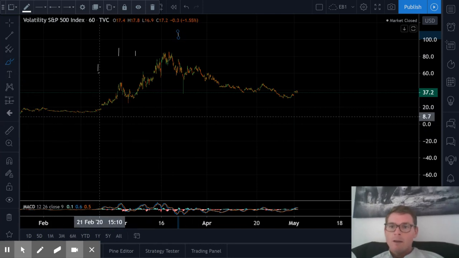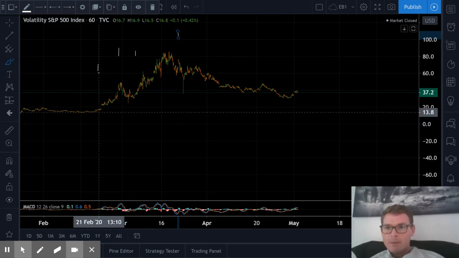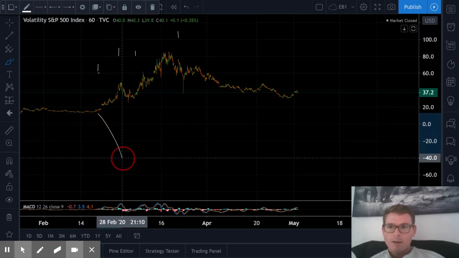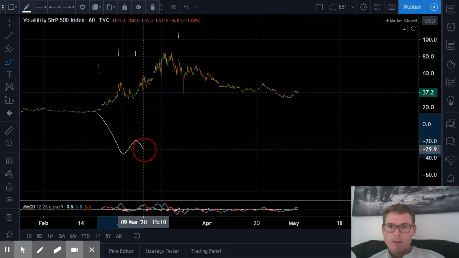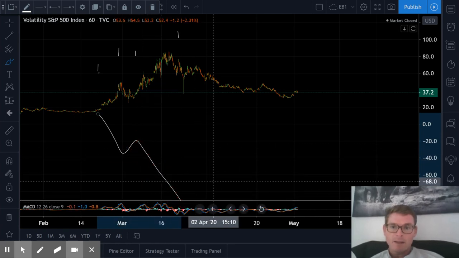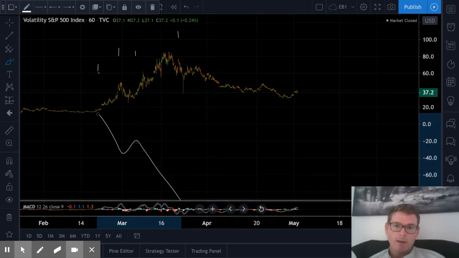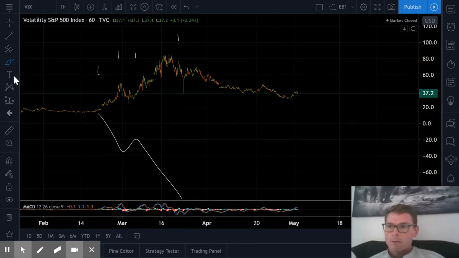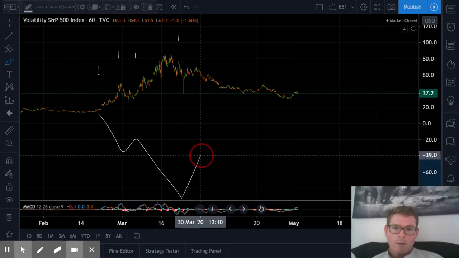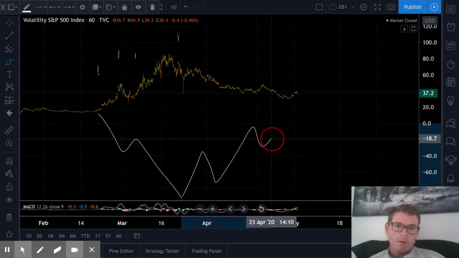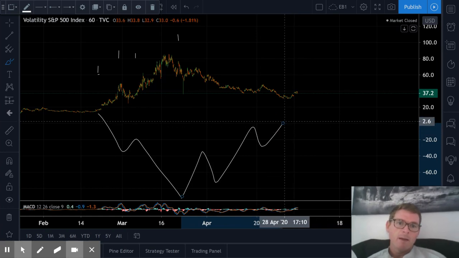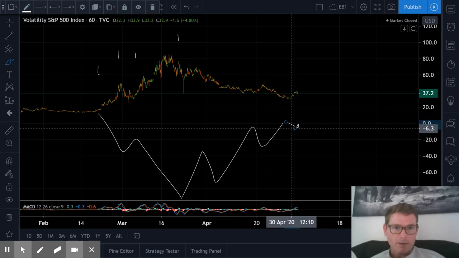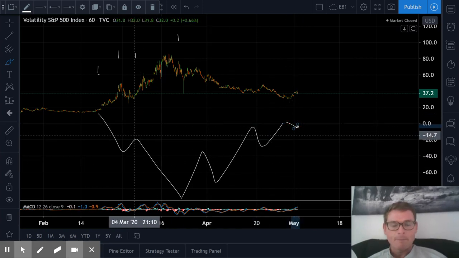Okay, so what we got here is on the S&P, we got a downward A, B, C Elliott wave down, and then we got a 1, 2, 3, 4, 5 Elliott wave up, and now the S&P as of last Thursday looks like it's turned over down, and we're looking for the next wave shape.